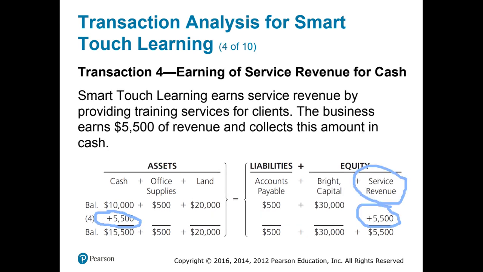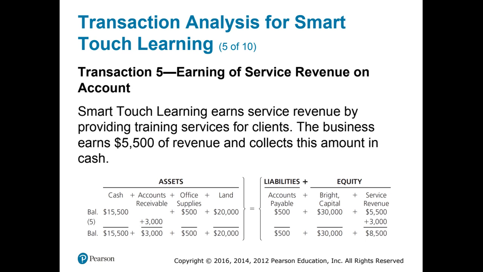All right, so transaction number 5. We performed a service for clients who do not pay immediately. The business receives the client's promise to pay. They're promising to pay $3,000 within 1 month. This promise to pay is an account receivable. So the customer is saying, I promise I'll pay you $3,000.